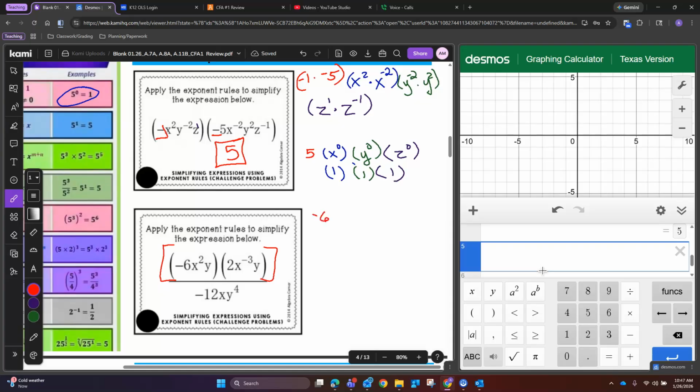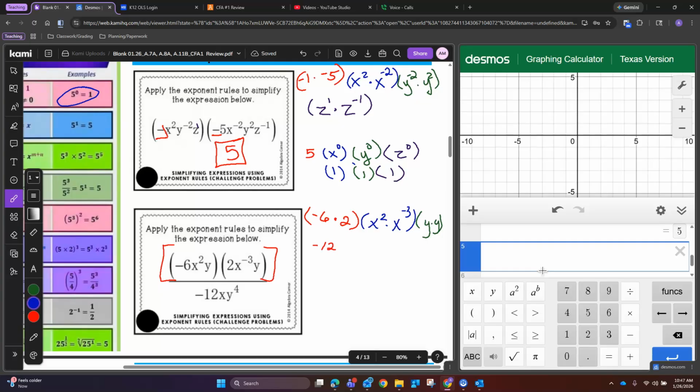Negative 6 times 2. And then we have x squared times x to the negative 3. And then we have y times y. Okay, so that means I have negative 12 on the top.